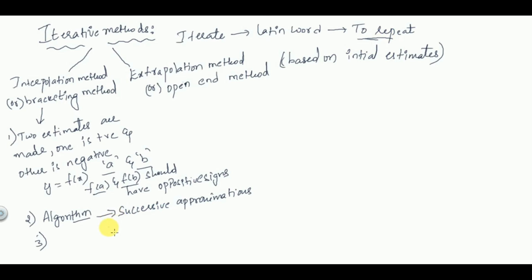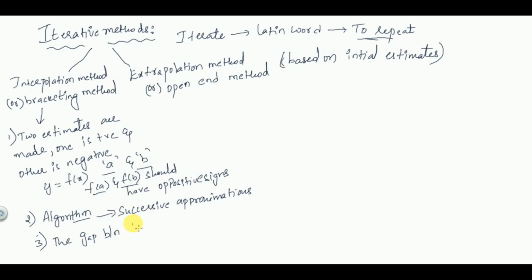So when should finding the successive approximations stop?